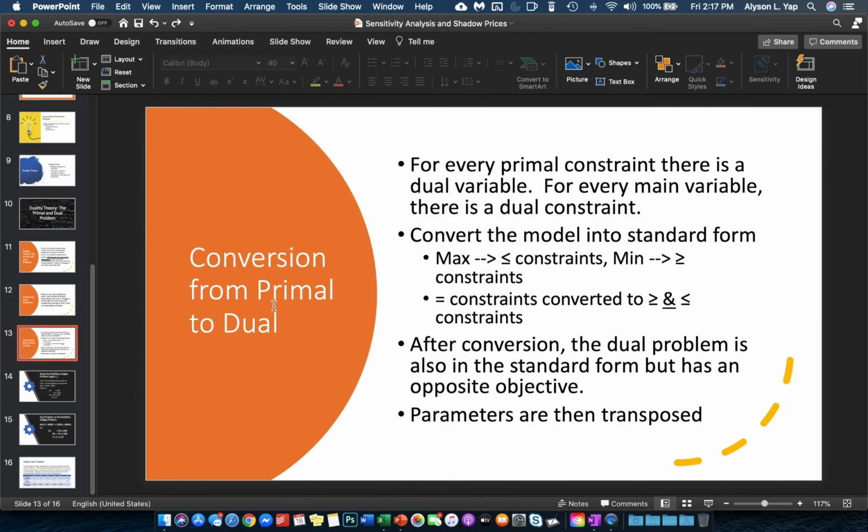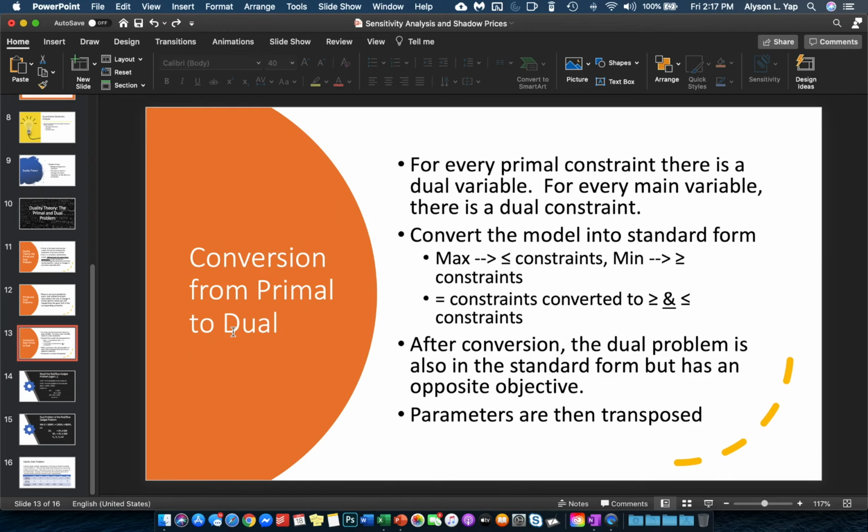Now, after converting the primal problem into its standard form, the dual problem should also be in standard form. However, it will have an opposite objective. What does that mean? If the primal problem is to maximize, then the dual problem is to minimize, and vice versa.